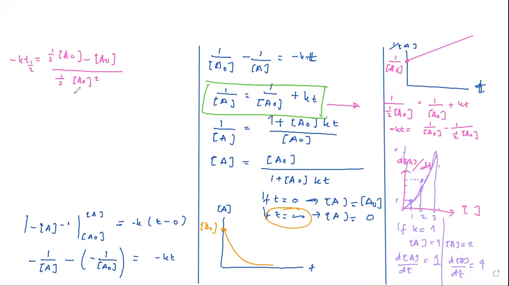Yeah. Next, half A0 minus A0 equals negative half A0 over half A0 squared. Okay, the negatives cancel.